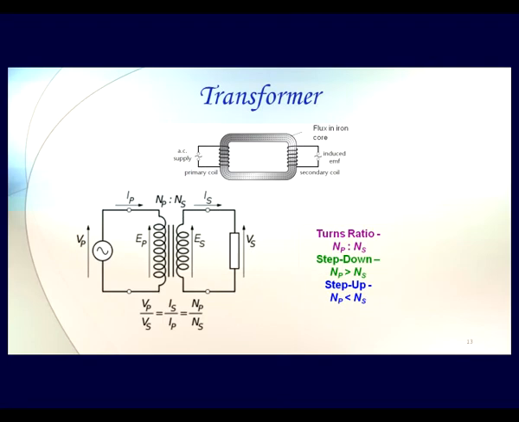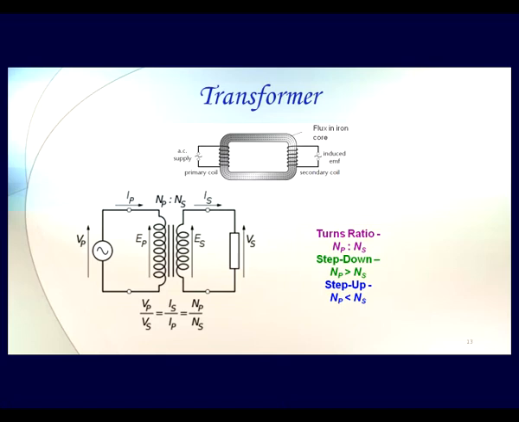The ratio of turns of primary to secondary is called the turns ratio, NP to NS in our primary and secondary nomenclature. If the number of primary turns is more than the number of secondary turns, it implies there is lesser voltage induced in the secondary, because as per Faraday's law the electromagnetic induction per unit turn is the same.